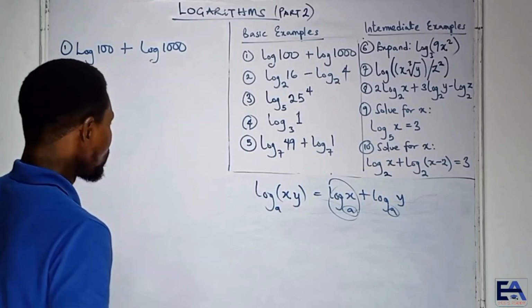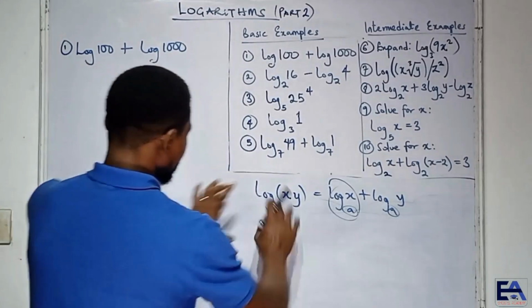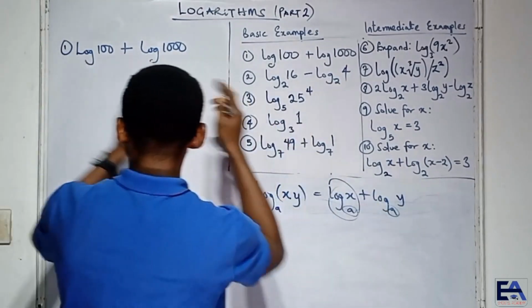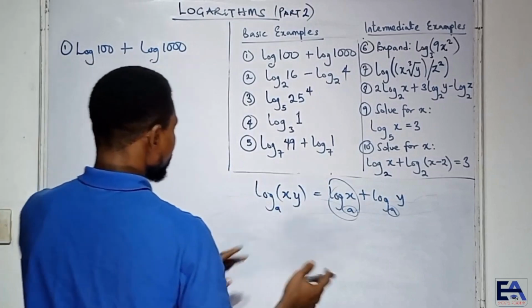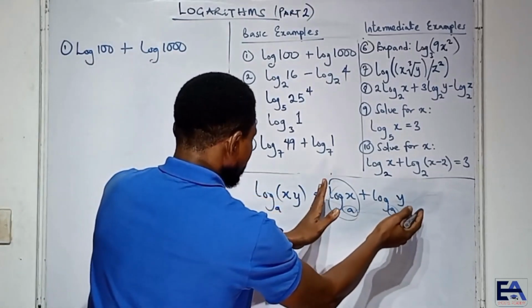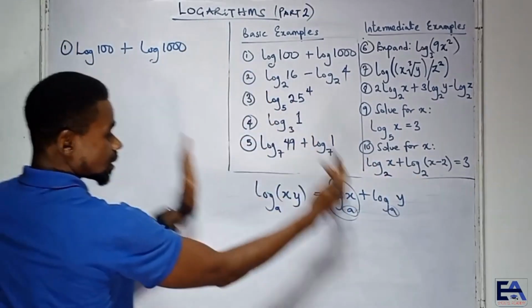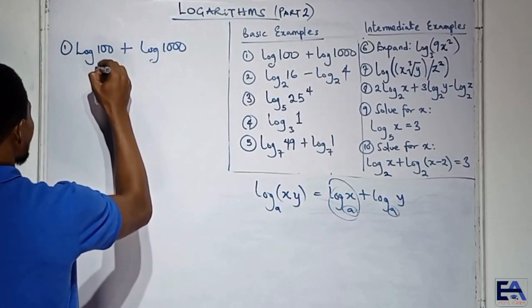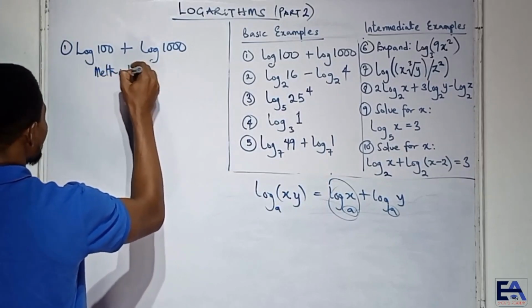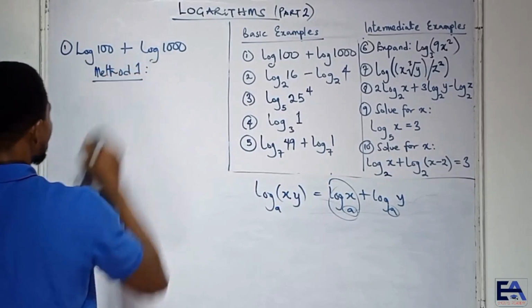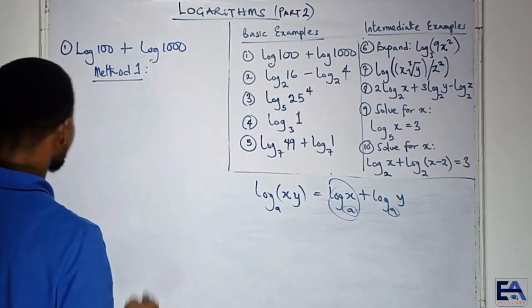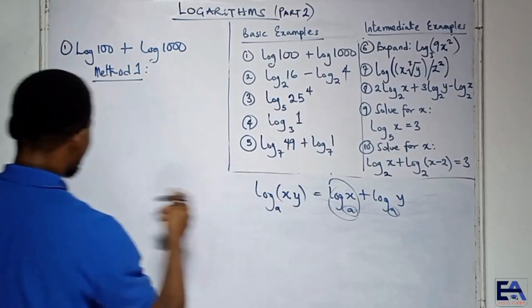So now, way number one is to do the reversal of this law, since they have a common base. Assuming they were not of the same base, we would not be able to reverse it. But since they are the same base, we can reverse it to the product.